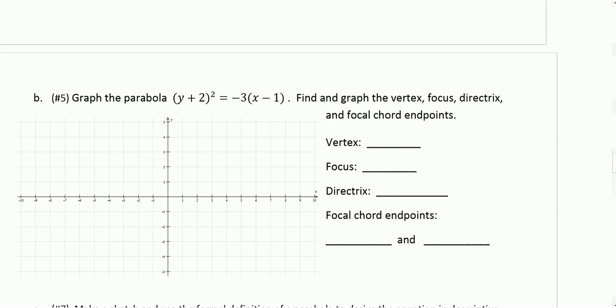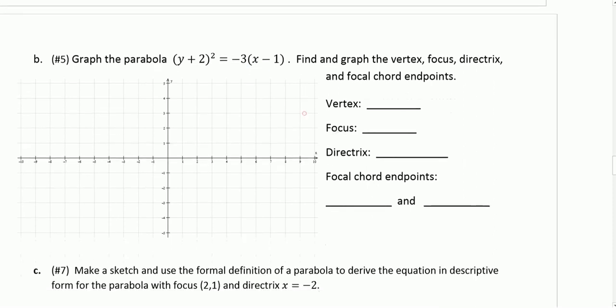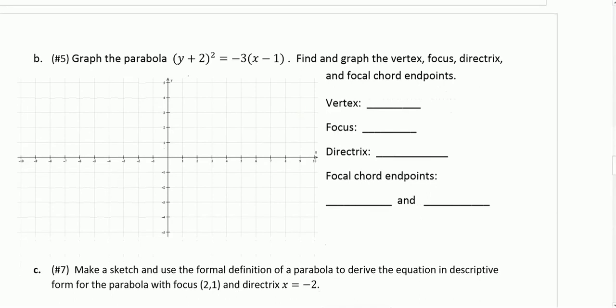And we see the exponent 2 with the y plus 2, so we're going to leave that as is, and we're going to solve for x. Don't distribute that negative 3. Instead, I'm going to switch things around, and I'm going to write it above here. So I'm going to put negative 3 in parentheses x minus 1 is equal to y plus 2 squared.